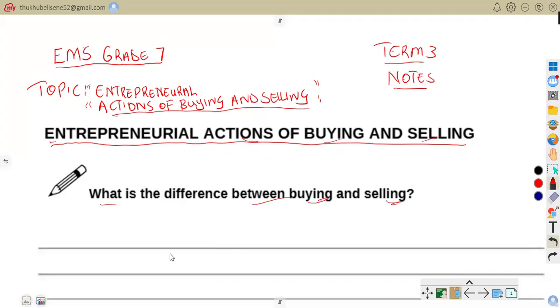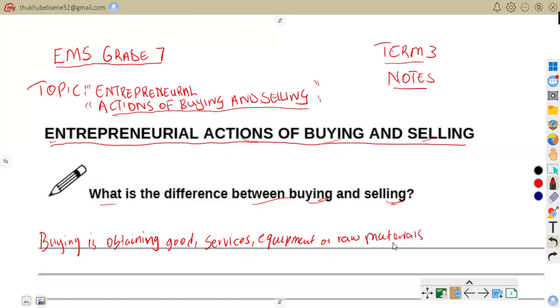The difference is that buying is obtaining goods, services, equipment, or raw materials needed for a business.